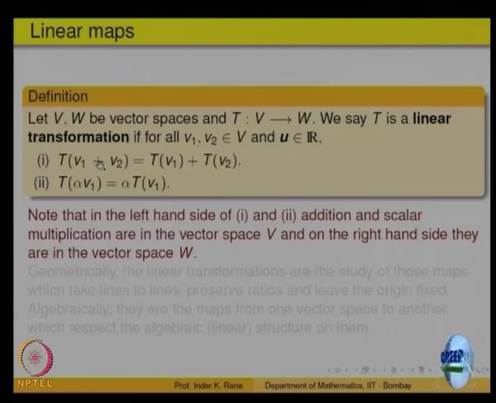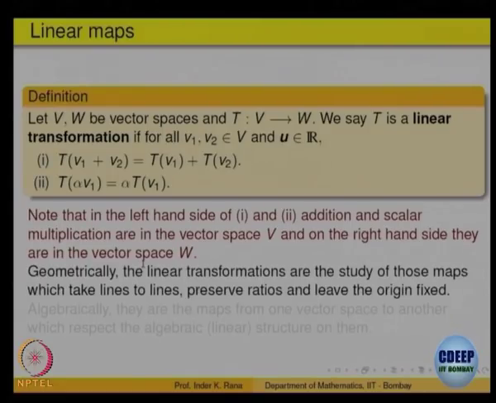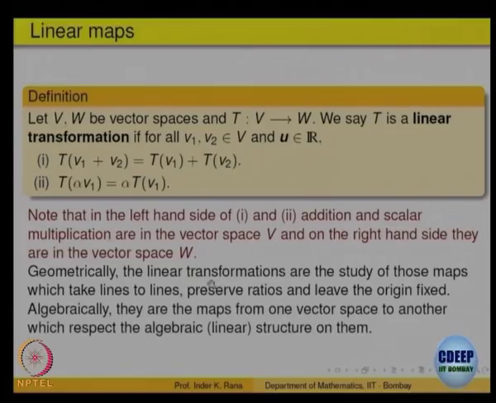So, here addition is in the domain, here it is in the codomain, scalar multiplication in the domain, and here it is in the codomain. So, geometrically a linear transformation, as we said, takes lines to lines, preserves ratios and leaves the origin fixed. Algebraically, what this essentially says is that there is a linear structure in the domain and a linear structure in the codomain.